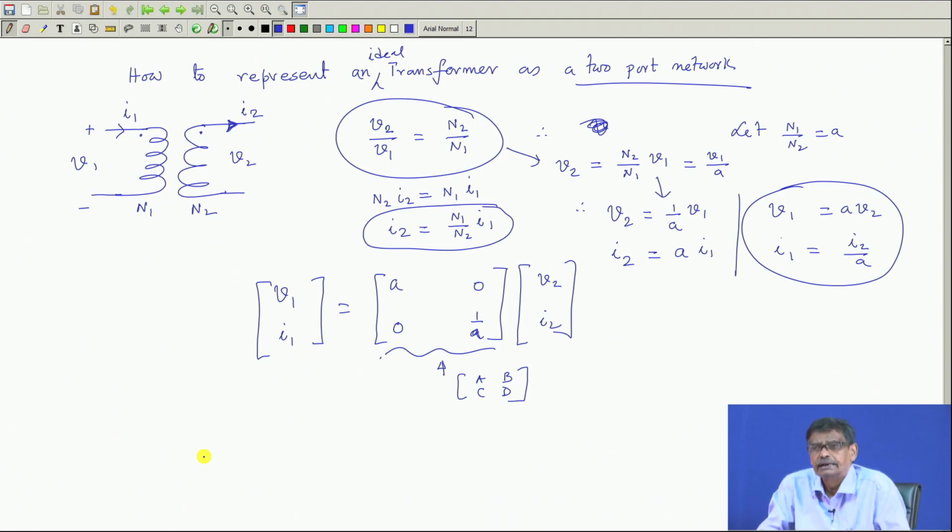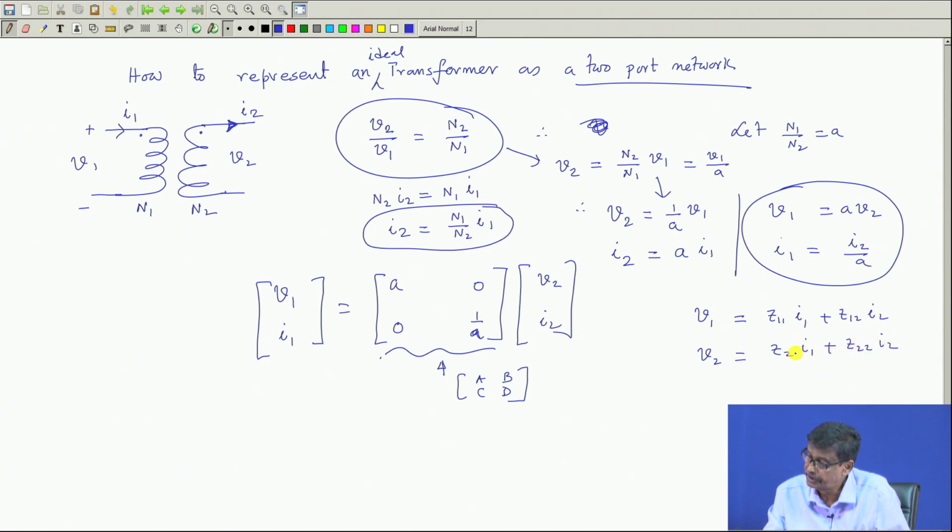Can this be represented as an impedance matrix? To represent this transformer in terms of an impedance matrix, you have to write V1 and V2 in terms of I1 and I2, is it not? That is, V1 equals Z11 I1 plus Z12 I2, and V2 equals Z21 I1 plus Z22 I2.